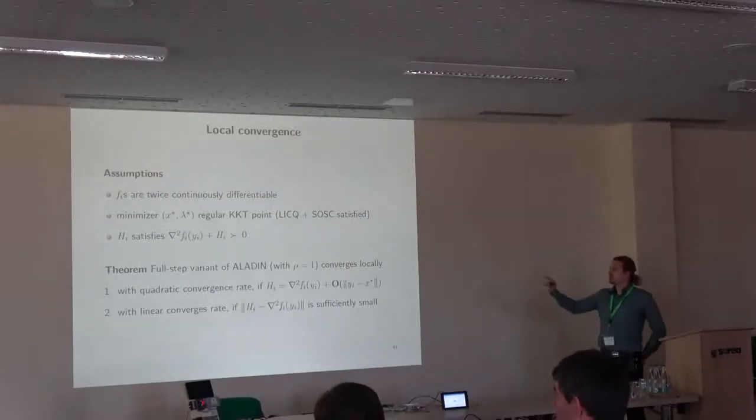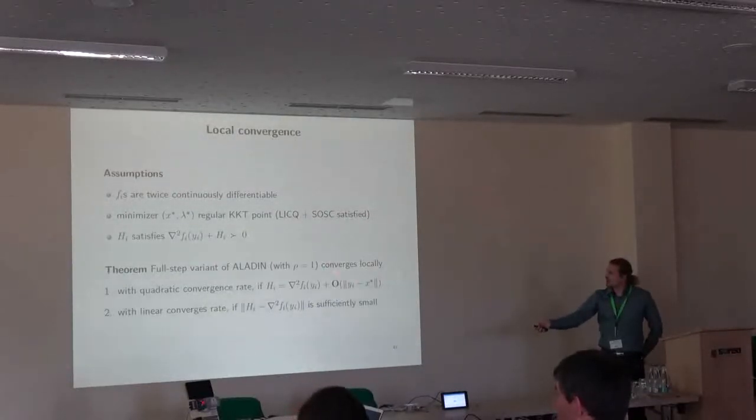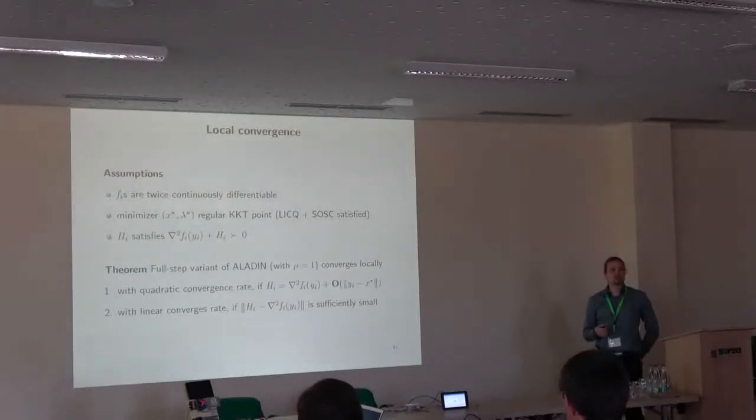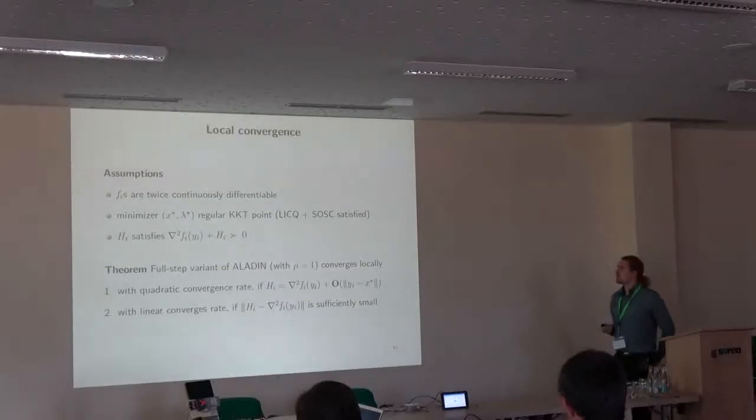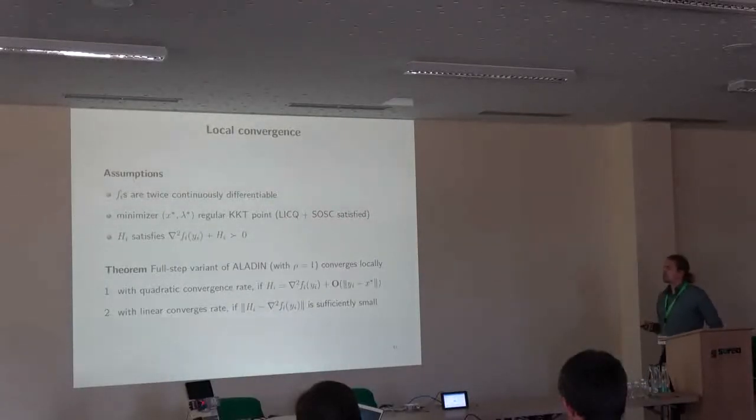So this method converges locally under this condition, no matter whether the problem is convex or non-convex. That's a big difference to ADMM, which may even diverge if we start very, very close to the locally optimal solution. So that's a big step.